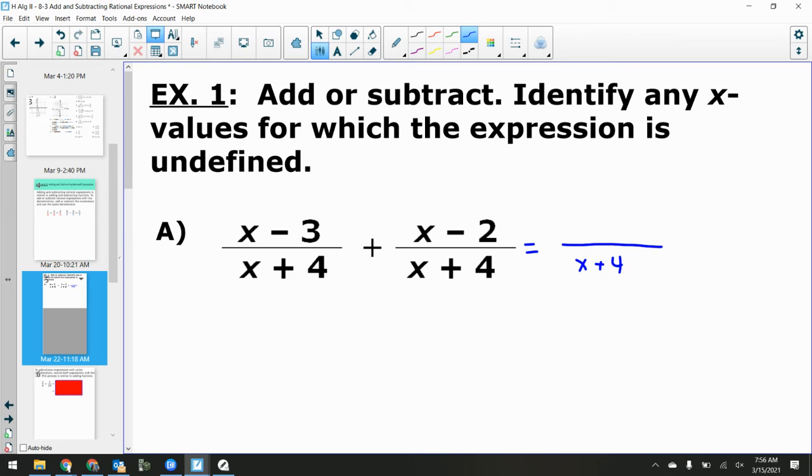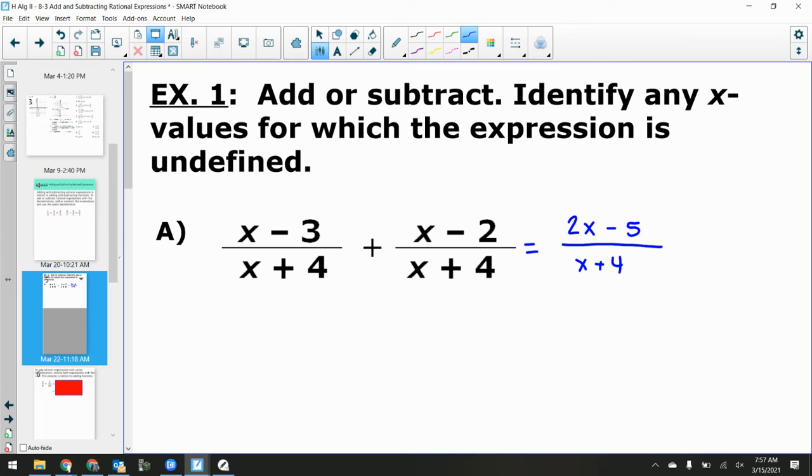So I've got x plus x, or 2x, and -3 plus -2, -5. At this point I would need to try to factor down any possible answer, but because 2x minus 5 does not factor, I leave it as 2x minus 5 over x plus 4.